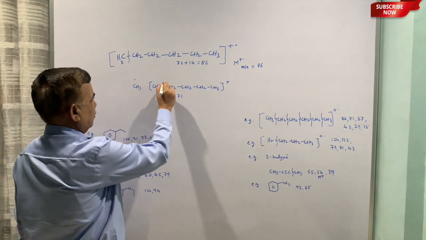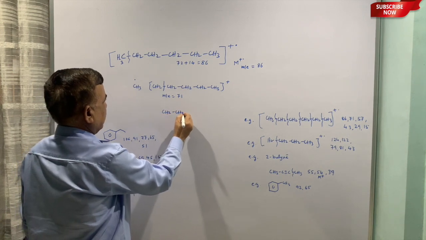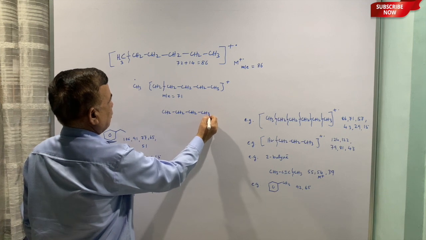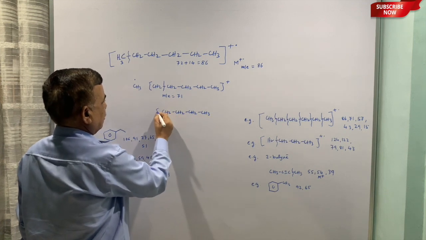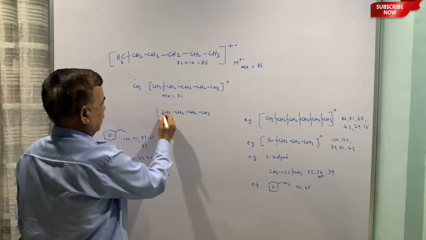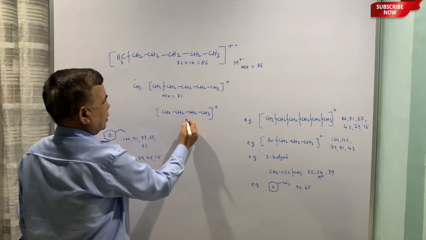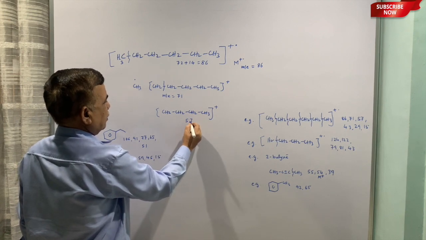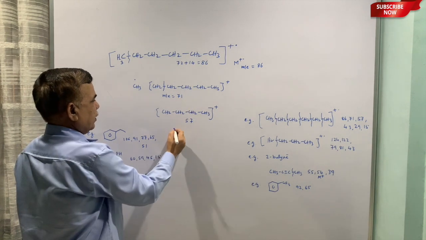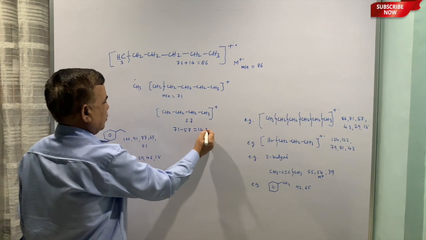So, if this undergoes further fragmentation, then we will be getting one, two, three, four, so like this will be plus. So, this is 57 and so on. So, this difference 71 minus 57 is 14 mass units.